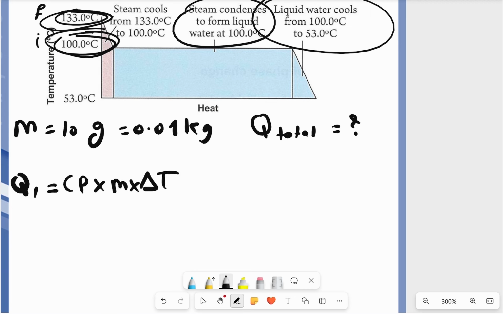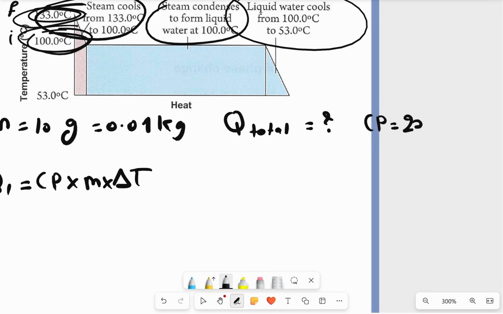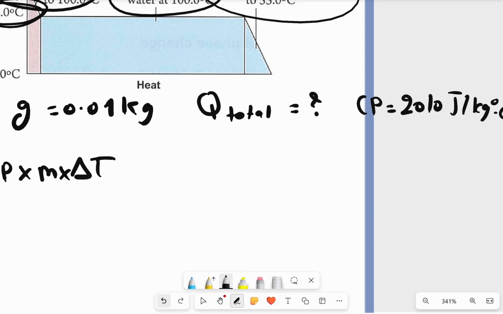You might ask, CP of what? CP of steam, of course. CP of steam is going to be equal to 2010 joule per kilogram per Celsius. And you already know CP of water, which is equal to 4,186 joule per kilogram per Celsius.